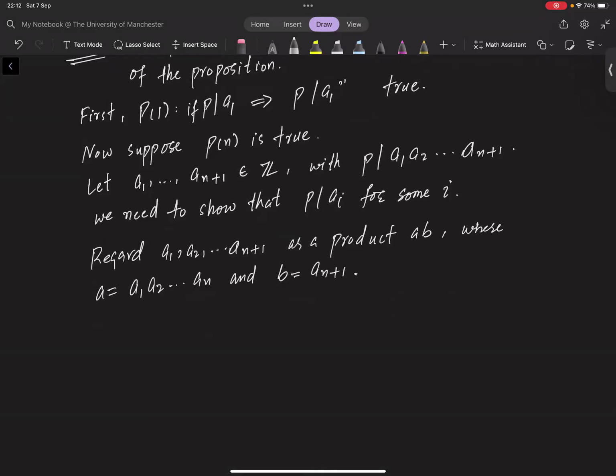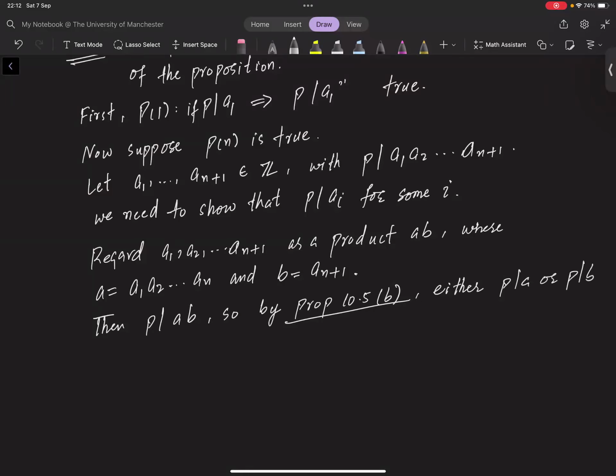Okay? Then P divides AB. So by proposition 10.5b, either P divides A or P divides B.